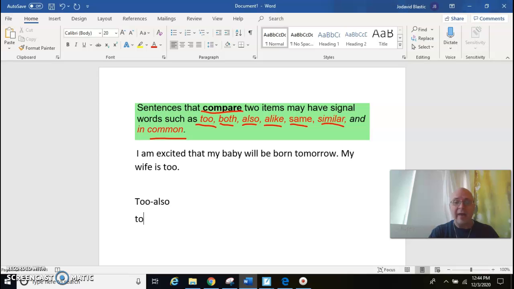And then you've got another to, T-W-O, which is the number two. So when we're talking about a comparison, we're talking about T-O-O, which means also. I'm excited that my baby will be born tomorrow. My wife is too, right? That tells us that we're the same. We're comparing.